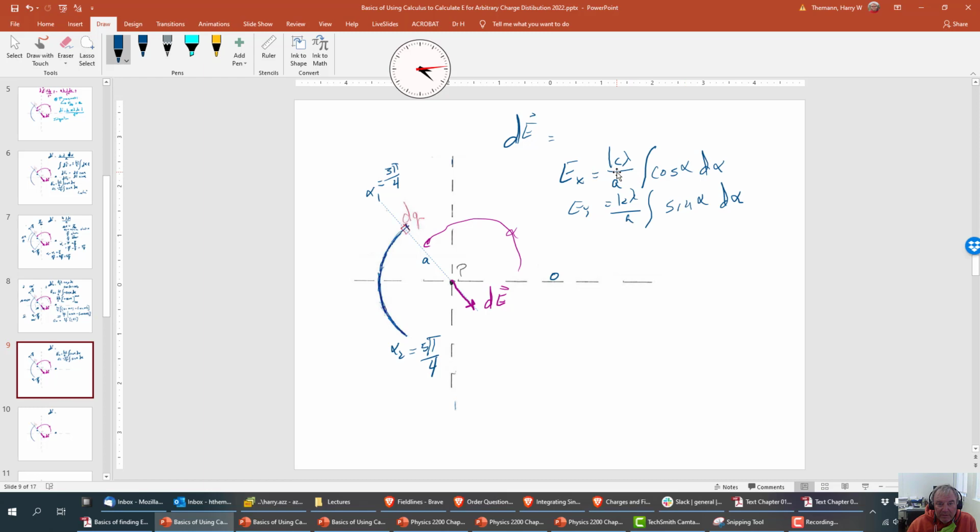So now let's take a look at the y-axis, and first of all, let's double check. If I once again use my beta, where beta equals alpha plus 180, then if we're going from 135 to 225, let's think about this.